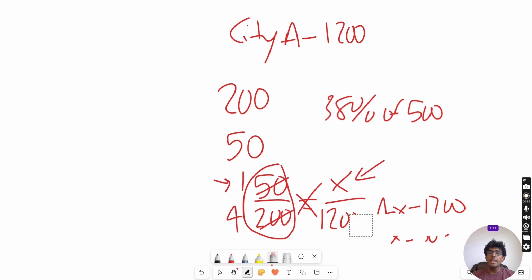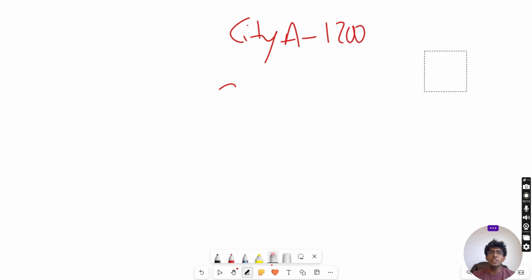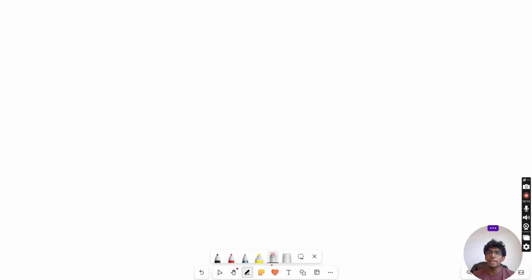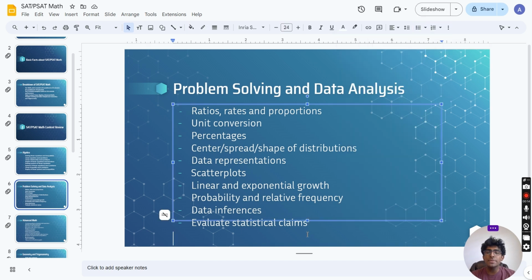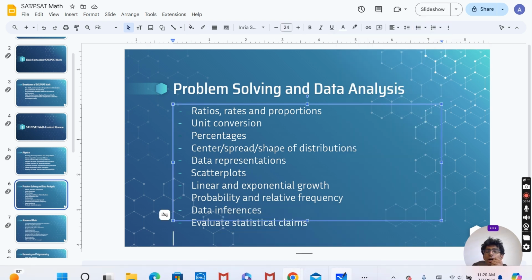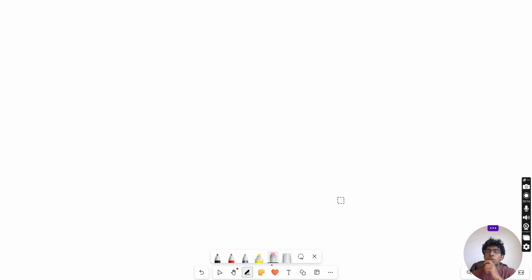All right. On the last topic, which I already talked about a little bit: statistical claims. You need to make sure that the sample the data is coming from is both representative and random, meaning that it should accurately reflect the population as a whole.